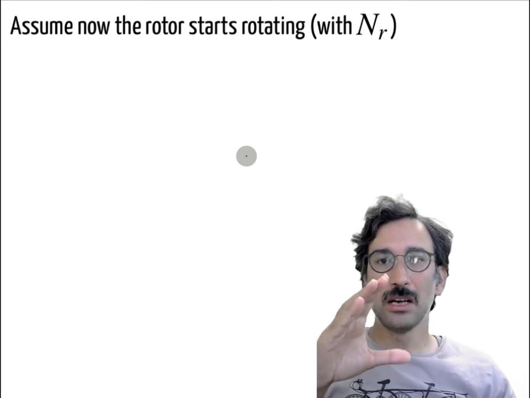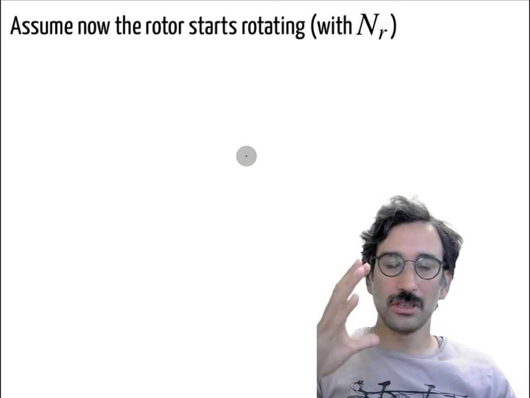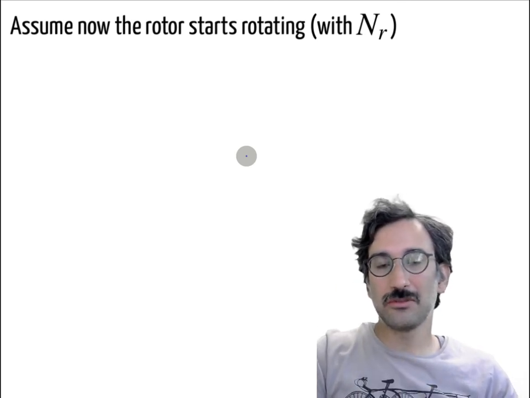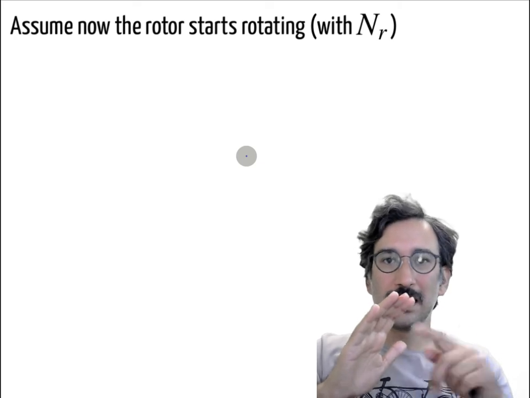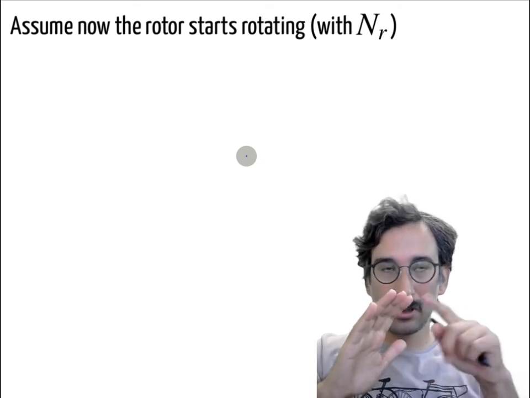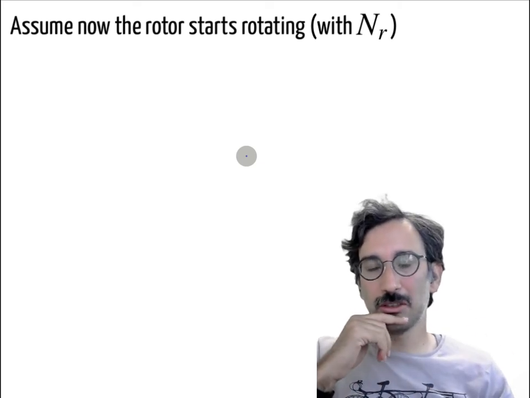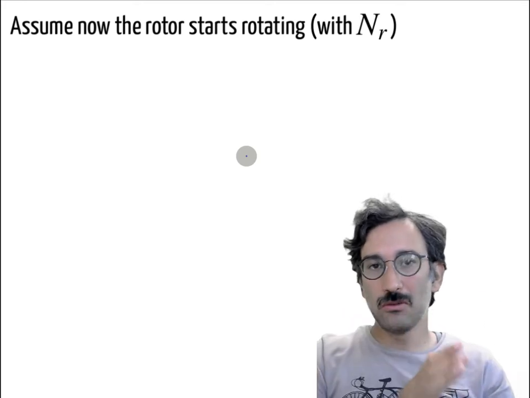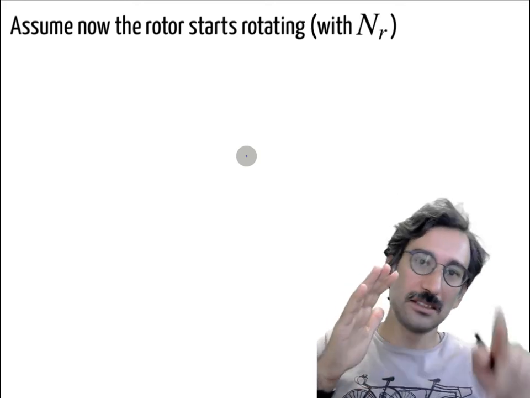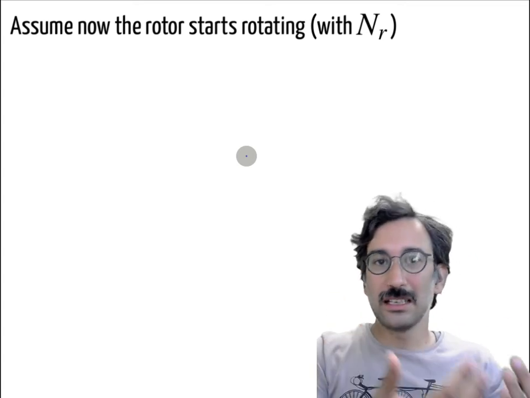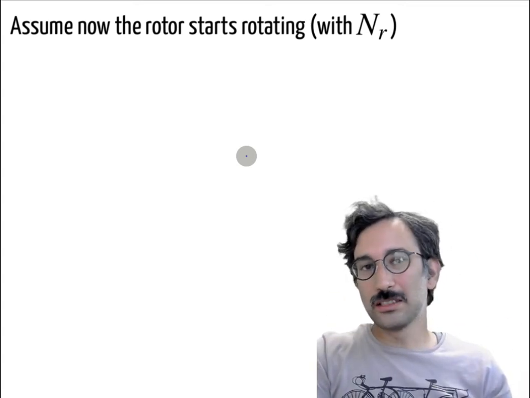Assume we have 50 Hertz voltage and currents at the stator, and the rotor is rotating mechanically at 10 Hertz. The induced voltages, the induced MMF, will see the stator MMF as if it's going at 40 Hertz.